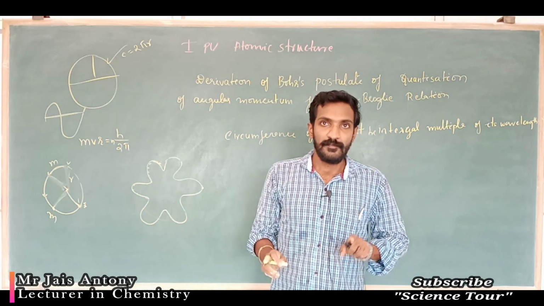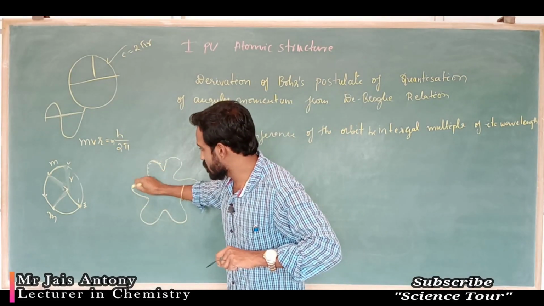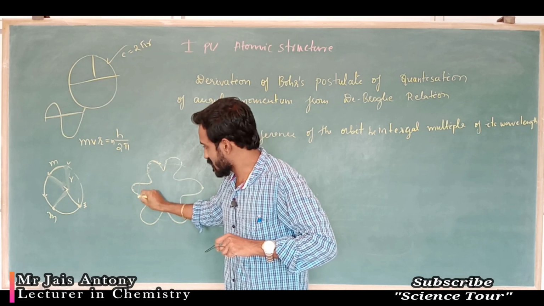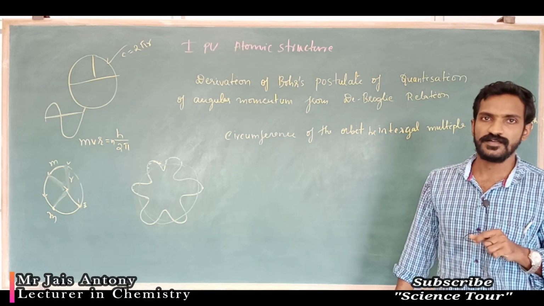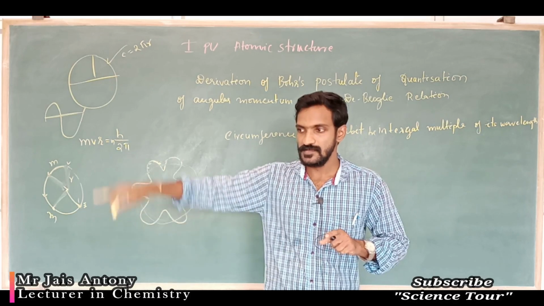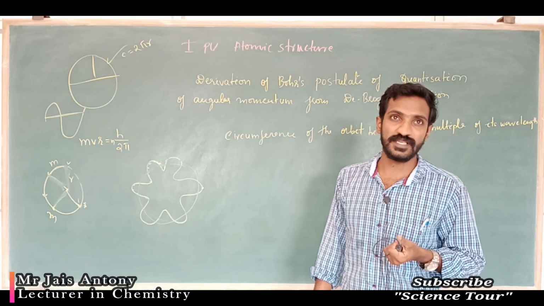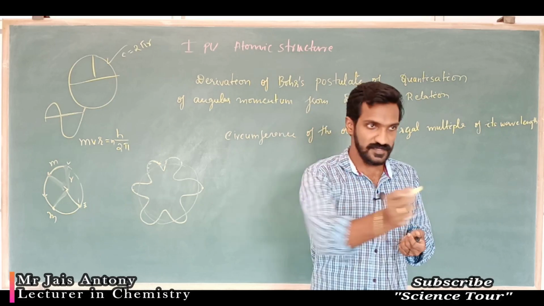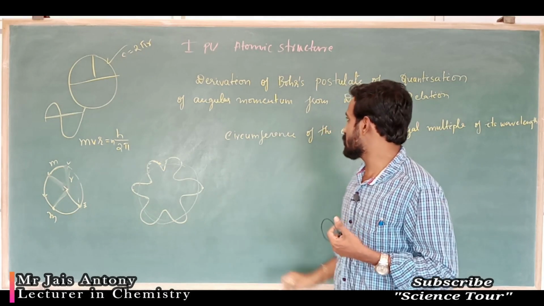The moving of the electron like this, from here to here, trough and crest, forms a circumference. Correct? A circle. Its movement is like this, a circle. So you can calculate the circumference, the total movement, how it moves, it creates one circle.